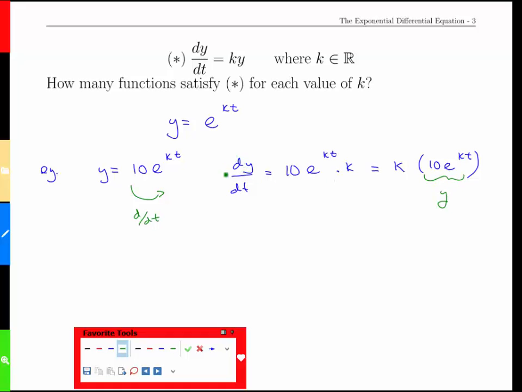So we do actually have dy dt is equal to ky, verified. So if we put a multiplier in front of our solution, it turns out the multiplier will show up both in the original and the derivative, and so it still satisfies the original equation. So we can make this more general and generalize our solution here.